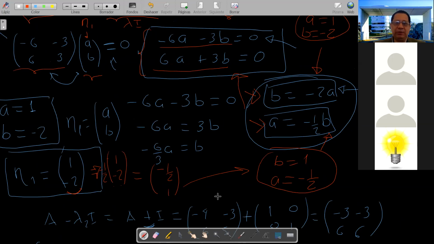So you can use any value. You will end up having a multiple of an eigenvector.